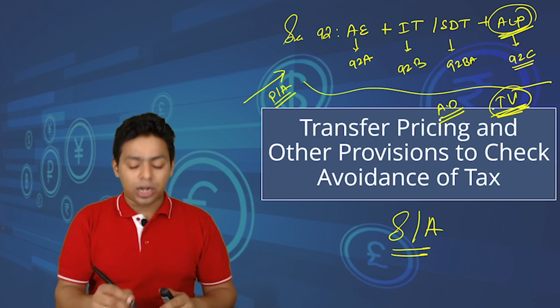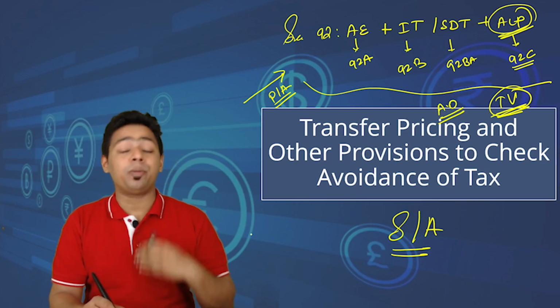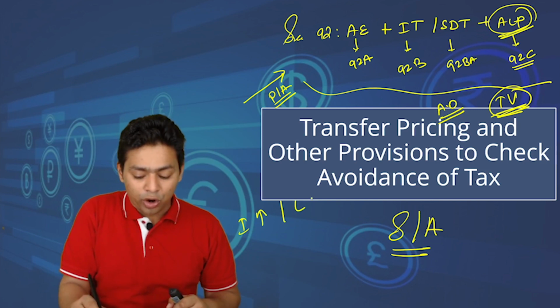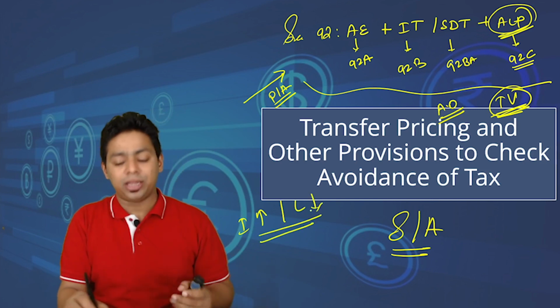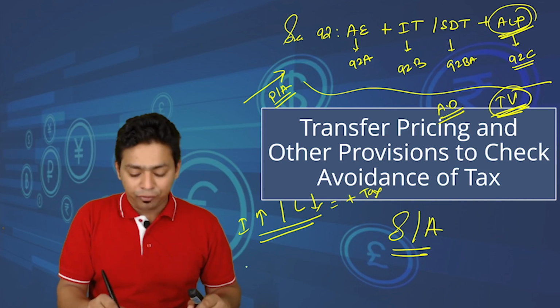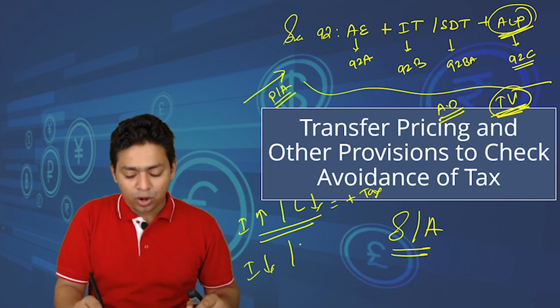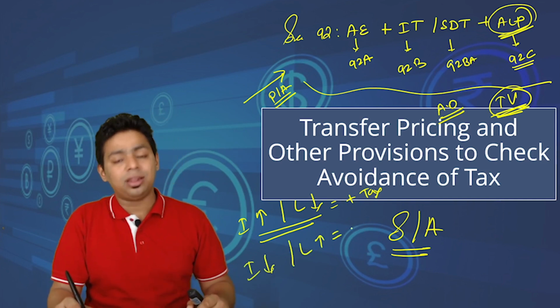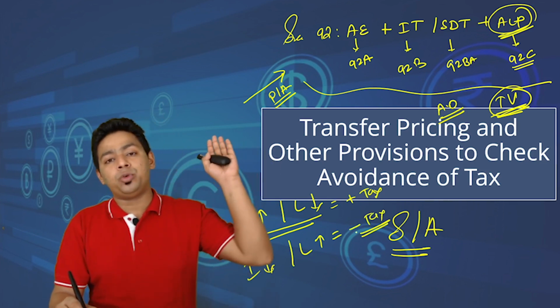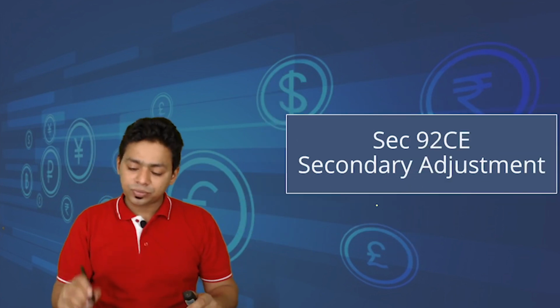One thing is for sure, the transfer pricing adjustment or primary adjustment will be done only when income is increased or loss is decreased, meaning thereby there is a positive effect on the tax collection. If income is going to be decreased or loss is going to be increased, then this is a negative effect on tax collection, and then transfer pricing provisions will not be applied.